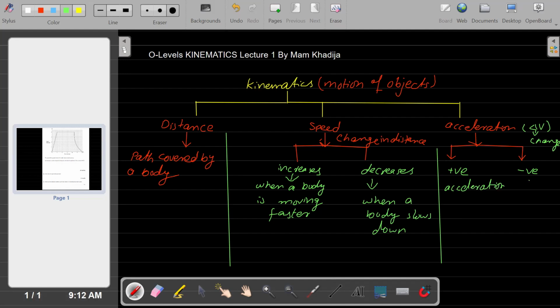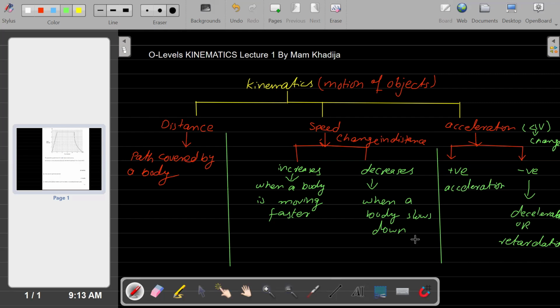But when speed is decreasing, we call it deceleration or retardation. Is it clear, Fatma?